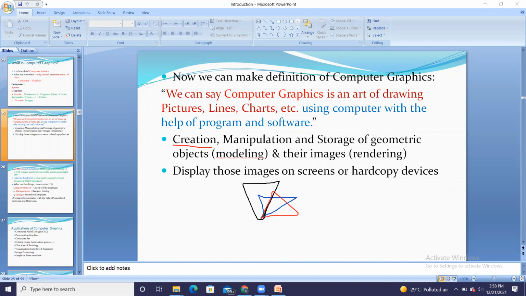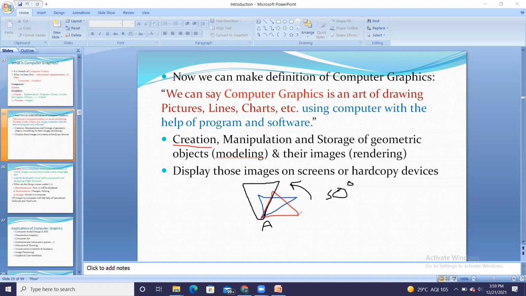First is the creation of the object, second is manipulation on the object. Suppose I want to rotate the object by 50 degrees in an anti-clockwise manner. So I am going to rotate this object about the point A with 50 degrees. The angle of rotation is 50 degrees and the direction of rotation is anti-clockwise.